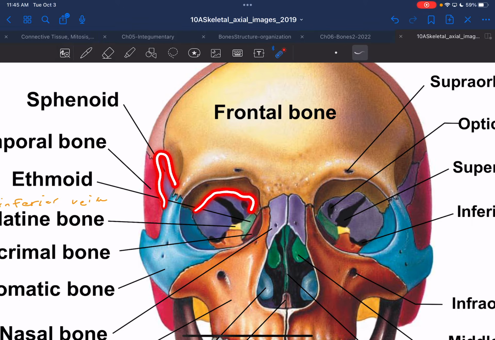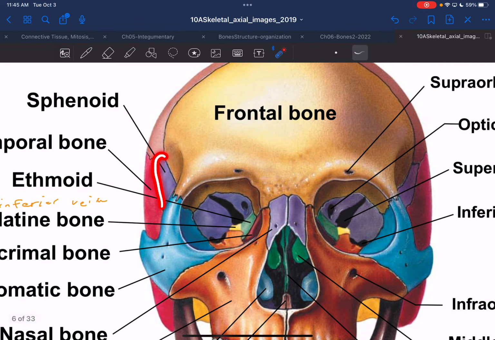You can see it even makes this portion of the skull. So it actually goes from this side. Here, I'm going to draw it in. From this side. And again, we're just drawing attention to it right now. We're not going to put too much focus on it just yet. It's a hard bone, but I just want you to see it now.